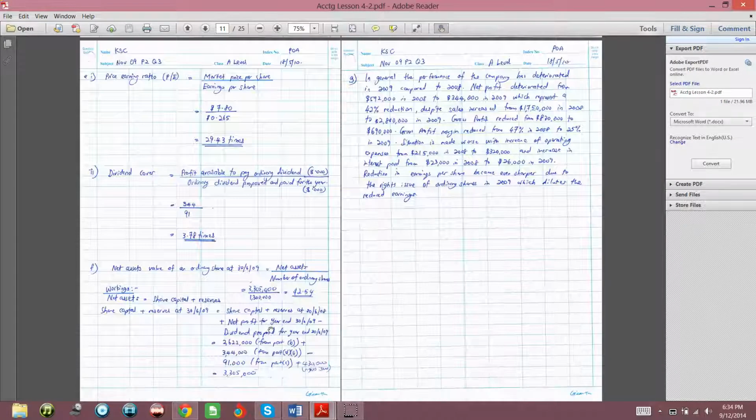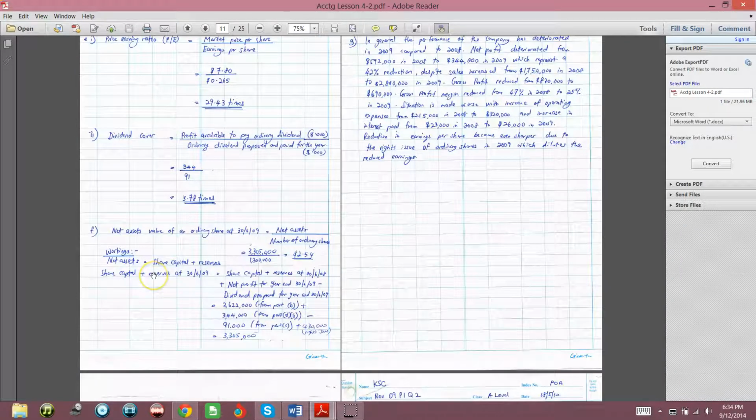Okay. Remember just now when we do one balance sheet, the net asset is equal to your equity. Equity means your share capital plus all your reserves. Reserve, that means including retained earning. So net asset will be equal to share capital and reserves.